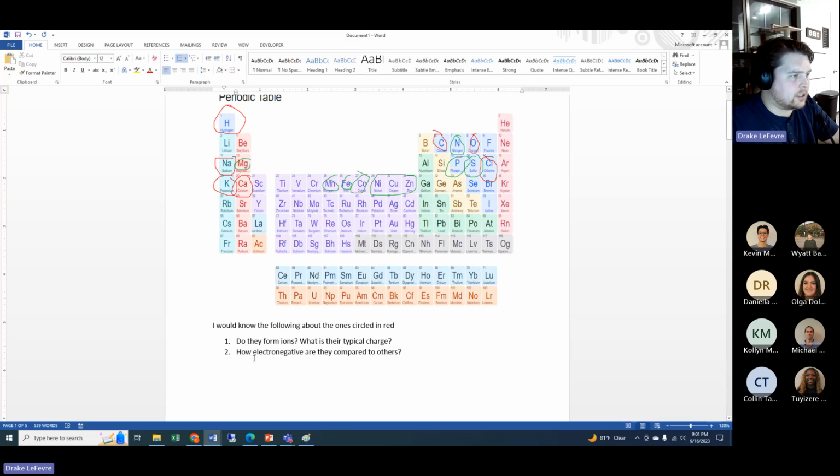By this, I mean how electronegative they are compared to others, basically which is most electronegative. Fluorine is the most electronegative, then oxygen, and nitrogen and chlorine are the same. And these ones all over here are much, much less electronegative. If you know these specific things, you'll be pretty set when it comes to the periodic table.